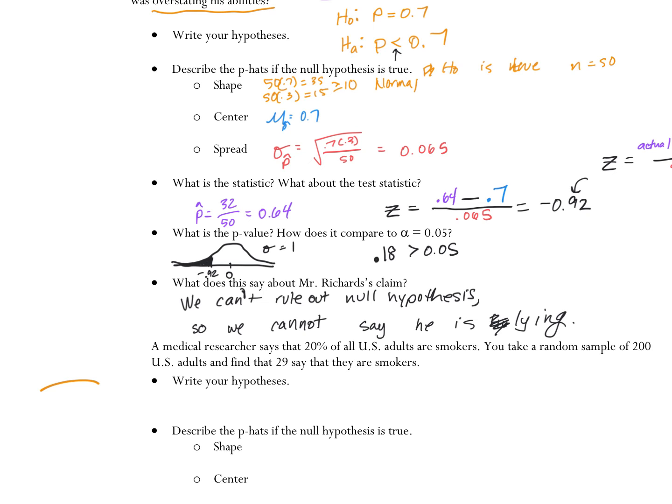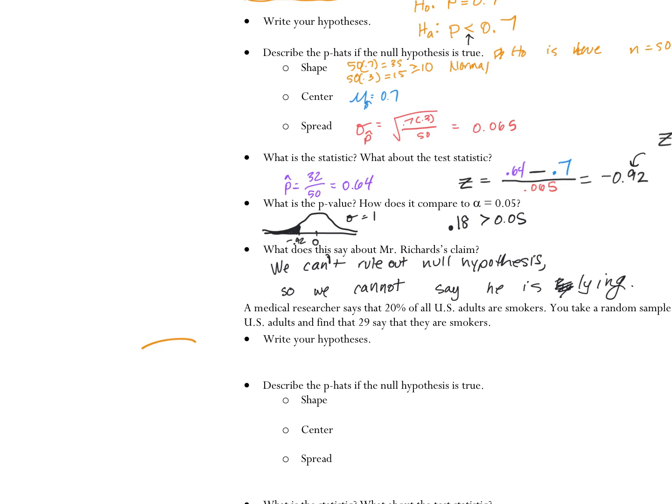So you're either going to rule out the null hypothesis if that p-value is lower than alpha, okay? I'm going to do a little sidebar here. So if your p-value is less than alpha, we rule out the null and conclude the alternative.